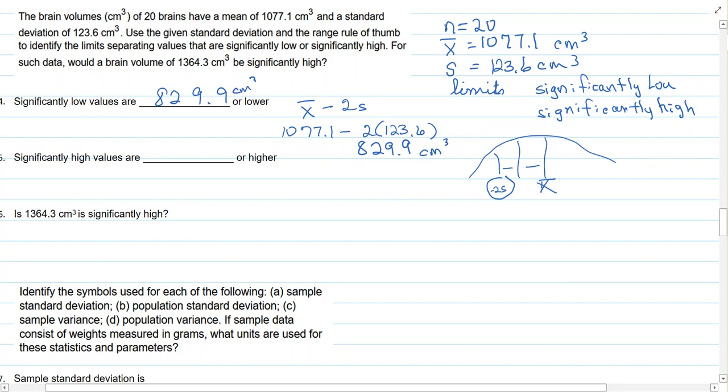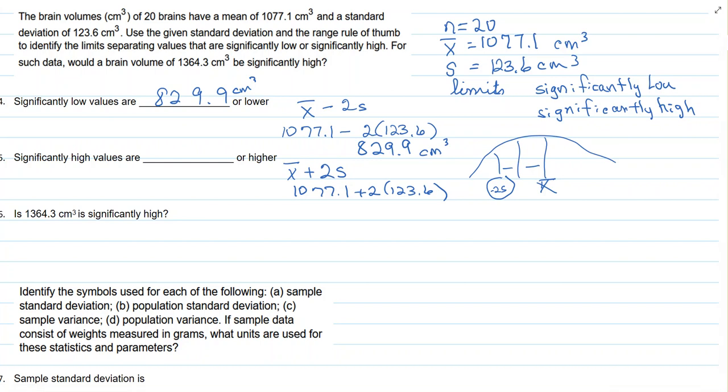Now we're going to do the high. Well, the high is easy because it's x bar plus 2s. And that means I'm going to have the 1077 and 1/10 plus 2 times 123 and 6/10. So let's do this math and see what we get.